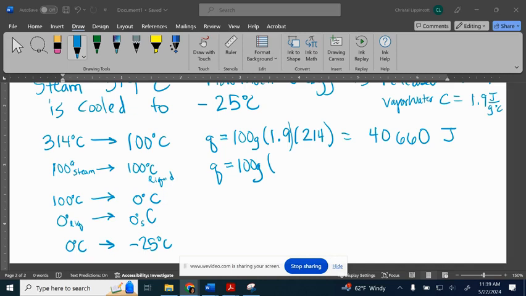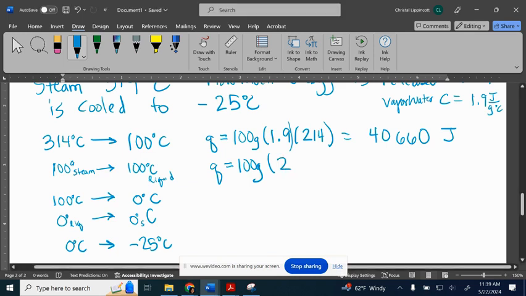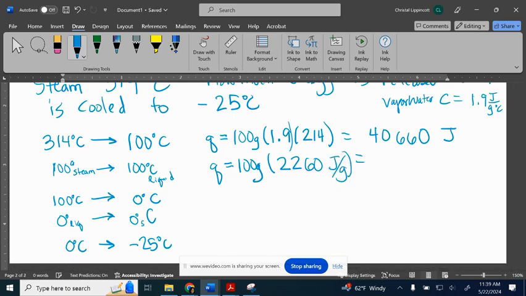Okay. And that I'm looking up and it says 2260 joules per gram. So I end up with 226000 joules here.